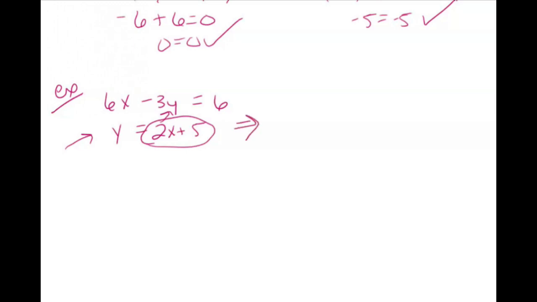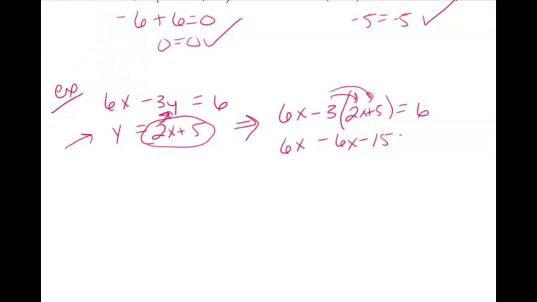When I do that, I generate this equation: 6x minus 3 times (2x plus 5) equals 6. Notice I'm taking it and replacing y. Now I need to distribute the 3. So 6x minus 6x minus 15 equals 6.